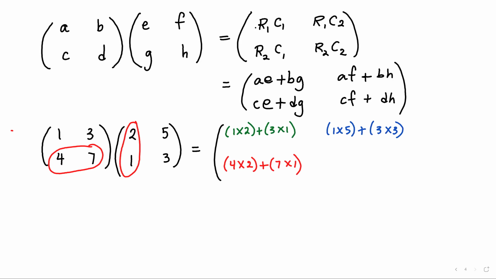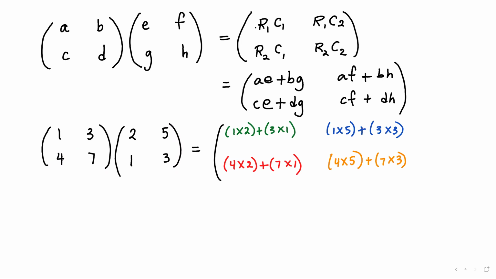And then I'm going to look at my row 2, column 2. Row 2 is 4 and 7, and this is column 2, so it will be 4 times 5 plus 7 times 3. And that's how I'm going to get all my values in my resultant matrix.